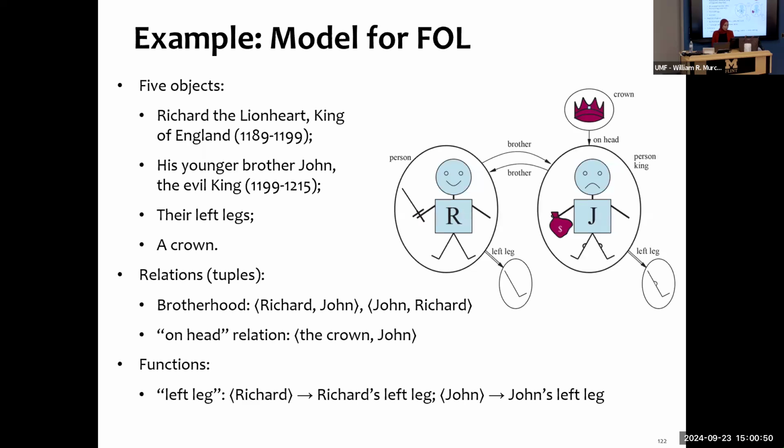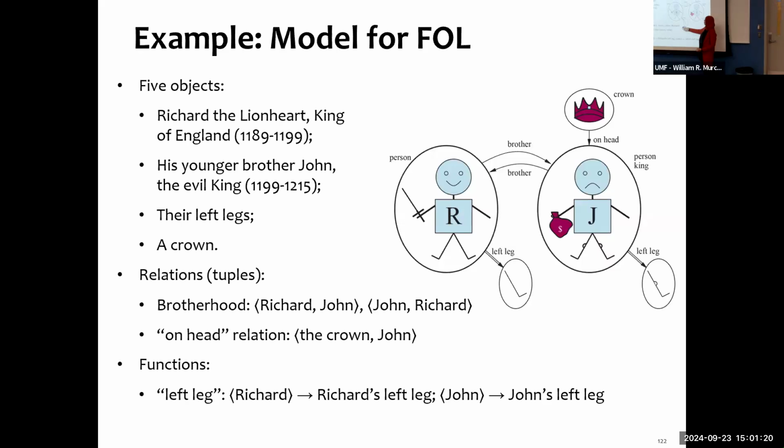So here, what we see in the image is the representation of these two guys. First of all, R is for Richard, J is for John. Each one has as a representation an object, which is his left leg. The left leg gives you an idea of whether he is going on the right path or the wrong path.